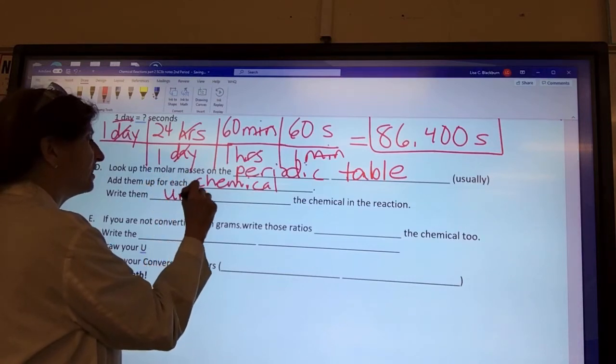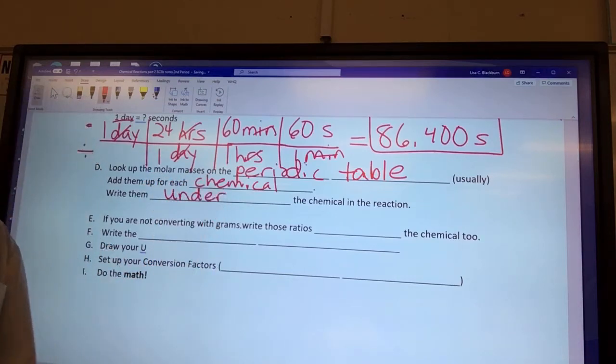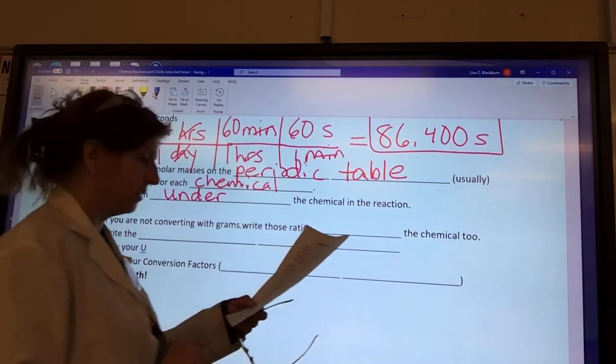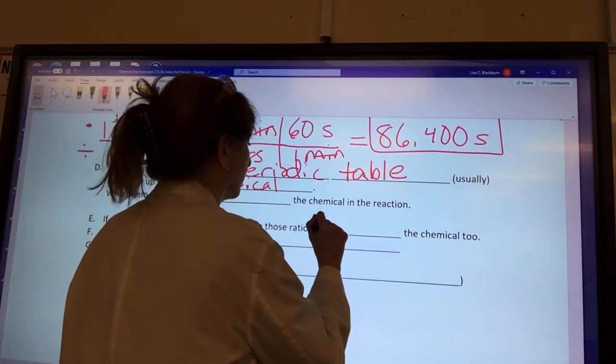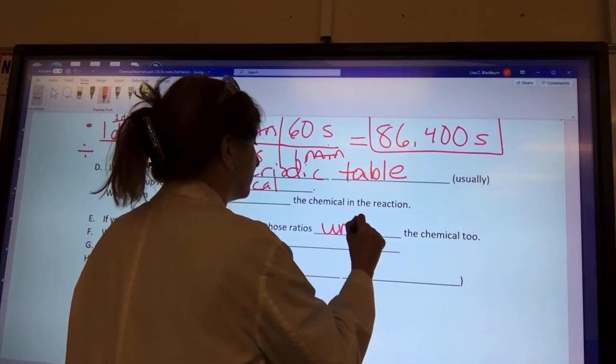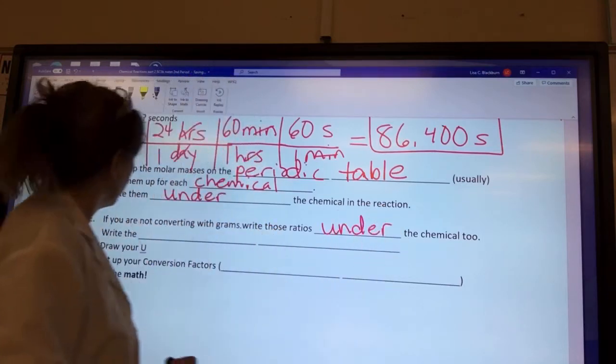The reaction is going to make a table that we're going to use for our math problem. It's going to organize it for us. If you're not converting with grams, write those ratios under the chemicals too, and this will make more sense tomorrow.